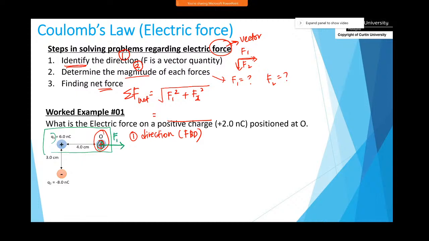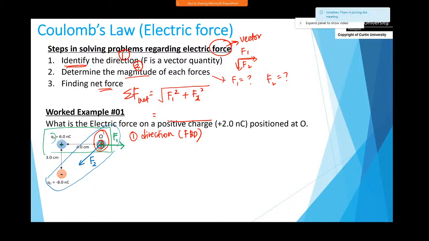Because of same charges. So F1 is the direction of the force applied on your positive 2 nanocoulomb due to your Q1. How about F2? If we look at the relationship between these two charges, it will be going towards your negative charge.